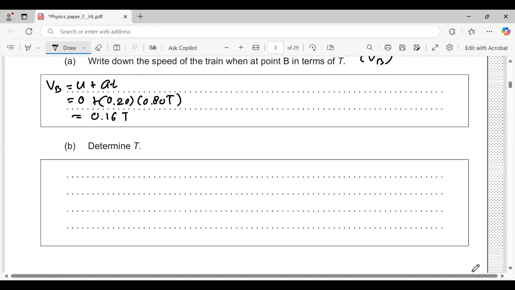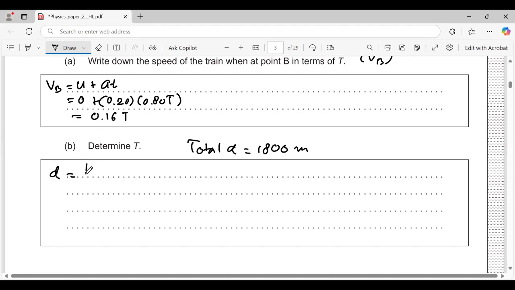Determine t. The total distance is 1,800 meters, according to the information. So we can use the kinematic equation to find distance.